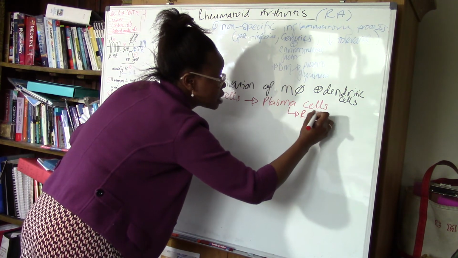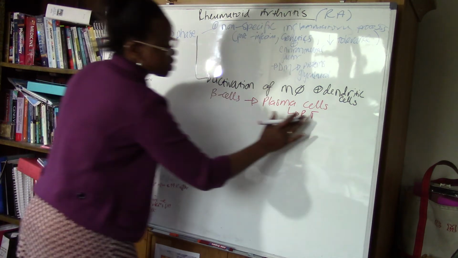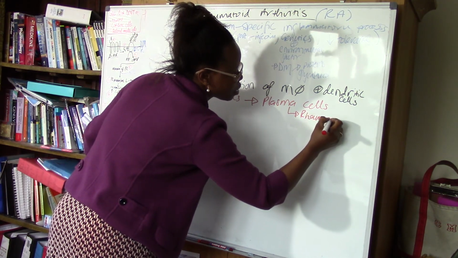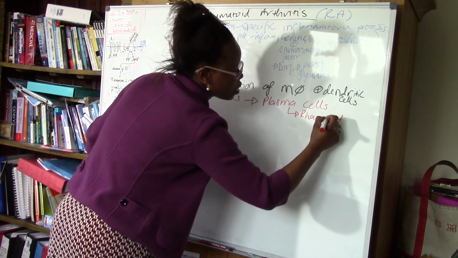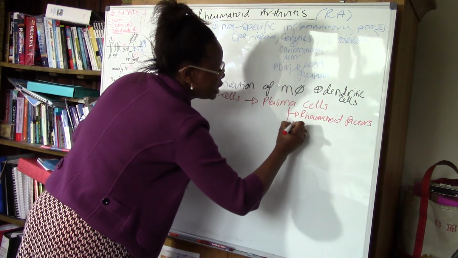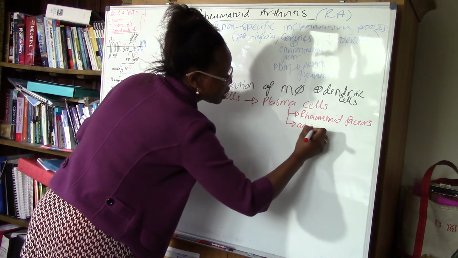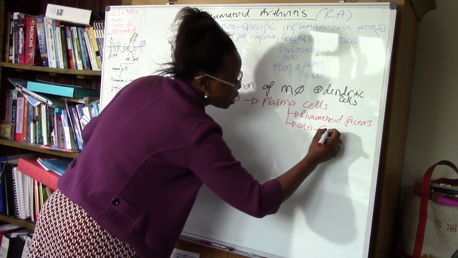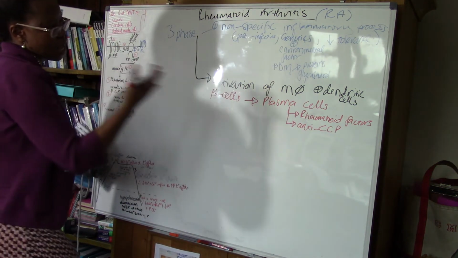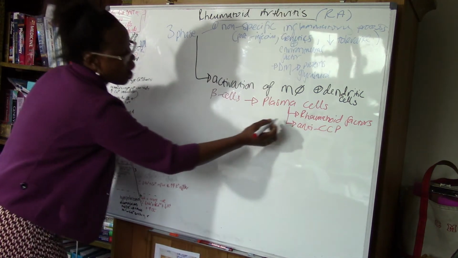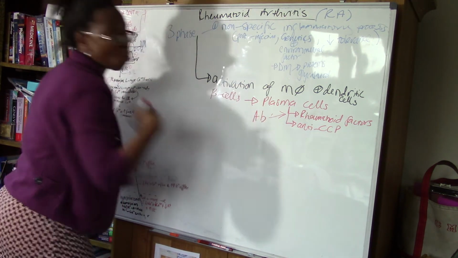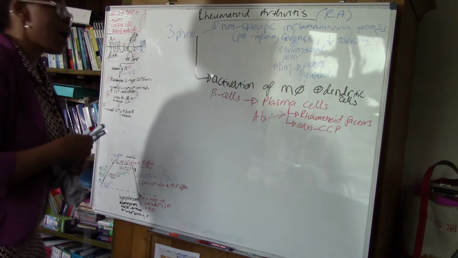I'll just write it as RF. I know I've used RF for risk factors, but these are rheumatoid factor, and indeed the anti-cyclic citrullinated peptides, both of which are antibodies against one's own cells.